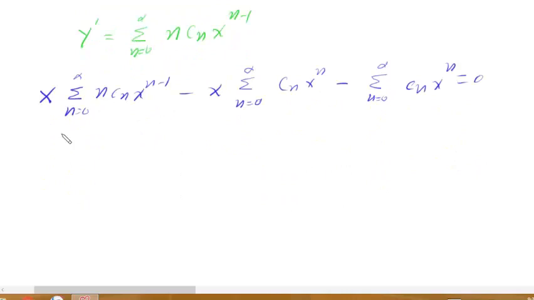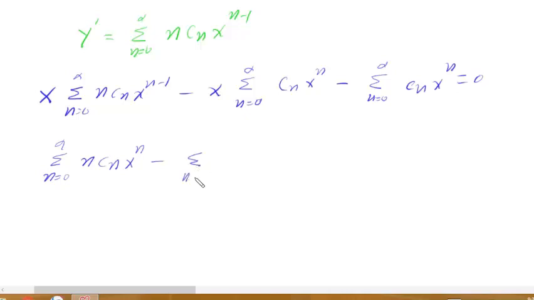Now we multiply this x into this, giving the summation from n = 0 to infinity of n c_n x^n. This x is cancelled with this.